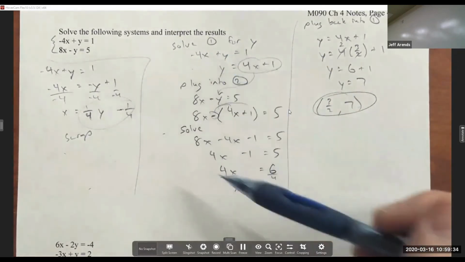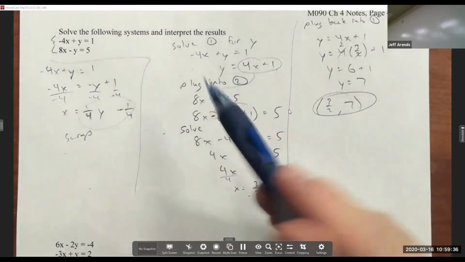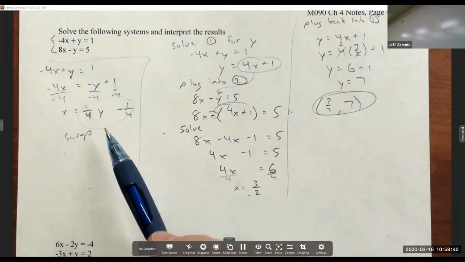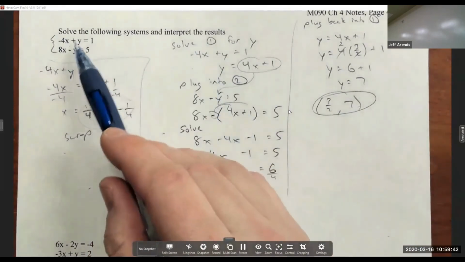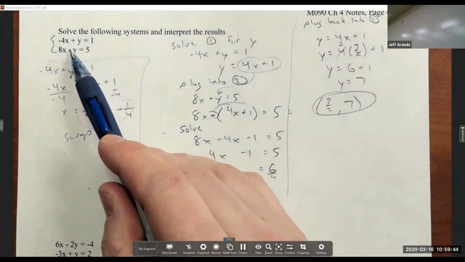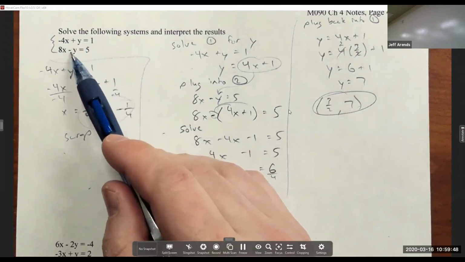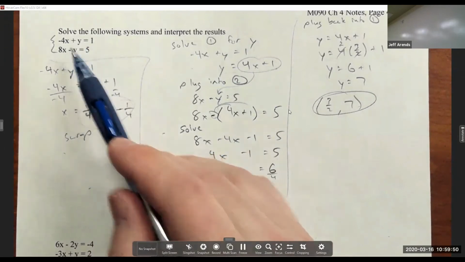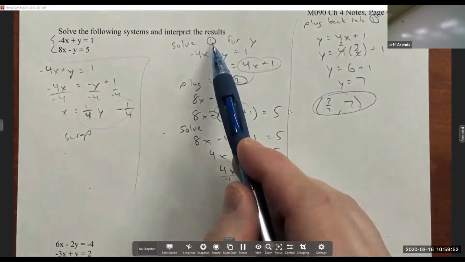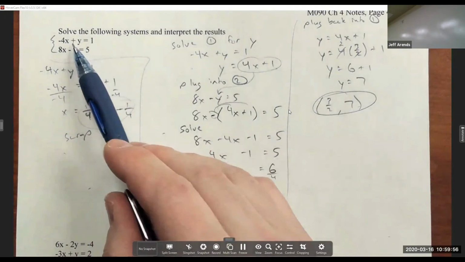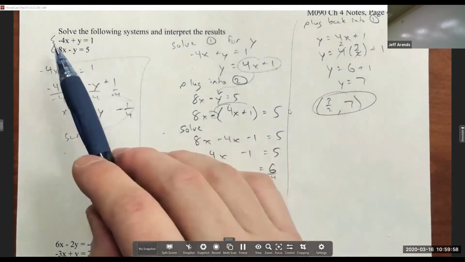Let's step back through the steps of what I did here. First off, when we're solving a system of equations using the substitution method, I start off by picking a variable that I want to solve for. And that variable is either going to have a coefficient of 1 or -1. When I pick that variable, I solve the appropriate equation. In my examples, I was always solving the first equation for y, but it doesn't have to be that way.